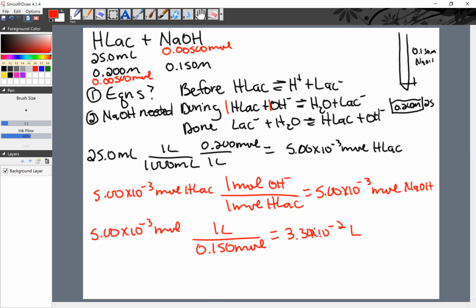Confirm. Okay. Now, that's in liters. I don't want to be in liters. I want to be in milliliters. So I'm going to convert that out. And so I have 33.0 milliliters.